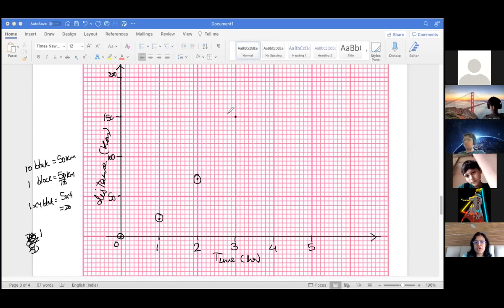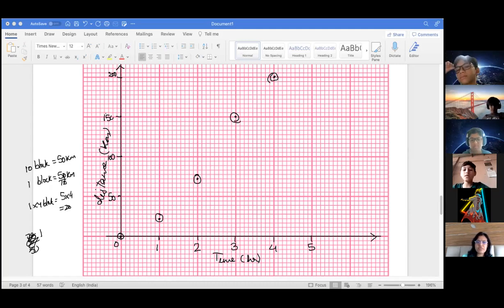So 150 is already here, right? So it is 150. And then you have 200, right? At 4 it is 200. Yes, ma'am. The speed is increasing. Correct, speed is increased. Let us see.